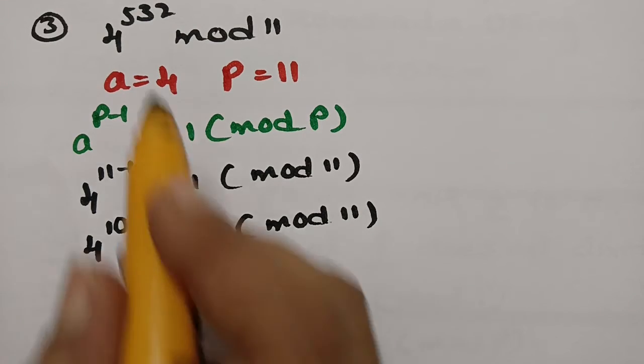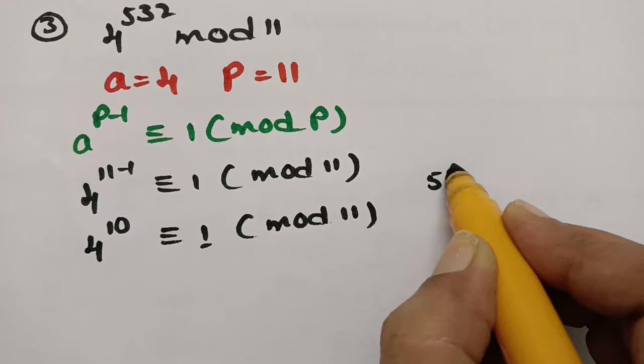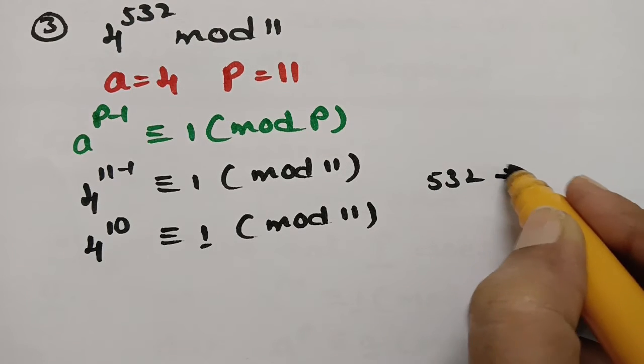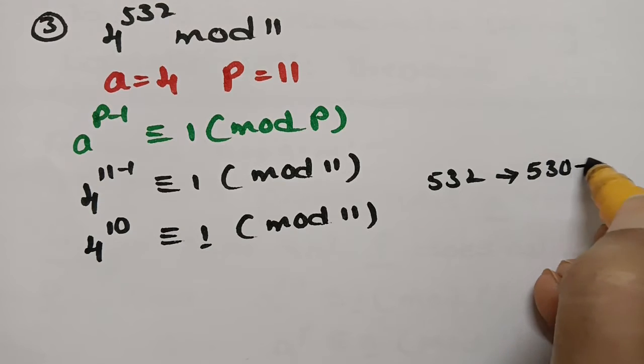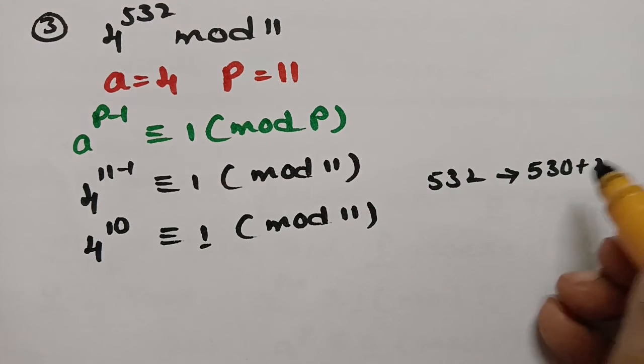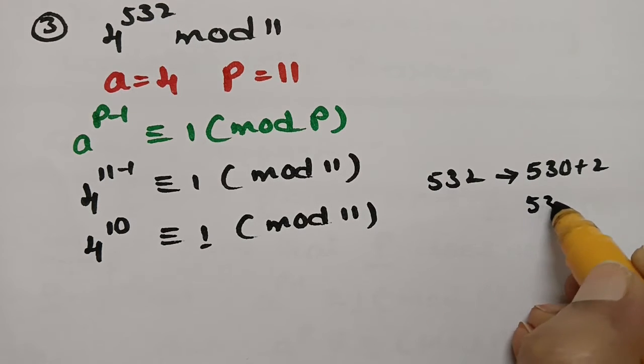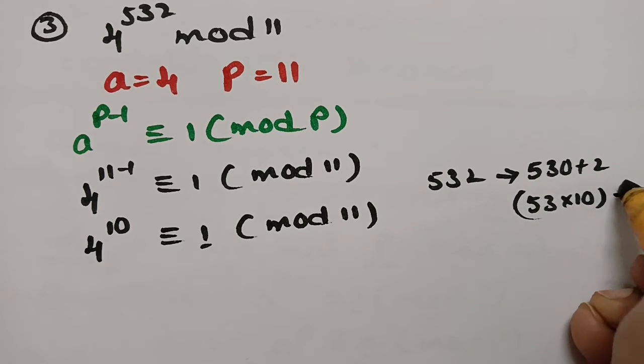So we need 532 as a power. This can be written as 530 plus 2, which is 53 into 10 plus 2.